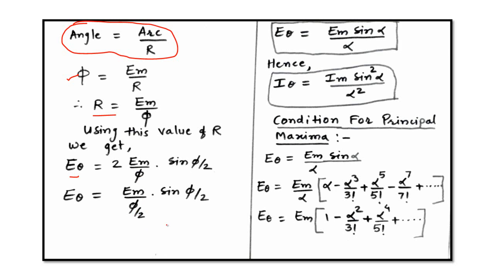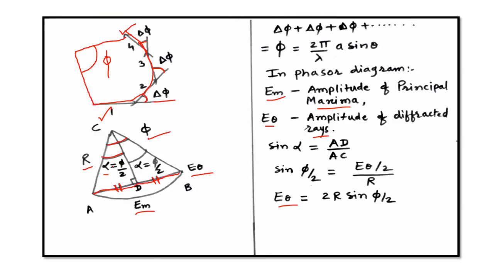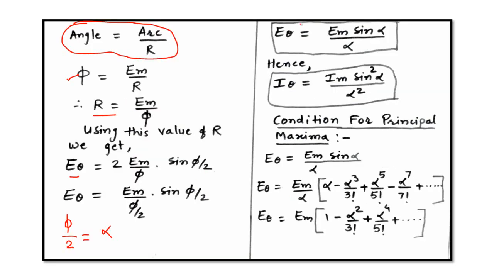But since you know that this phi by 2 is nothing but alpha, where alpha is half of the total phase difference. Alpha is equal to phi by 2, and therefore I can write this equation for amplitude of diffracted ray as E theta is equal to Em into sine alpha upon alpha.